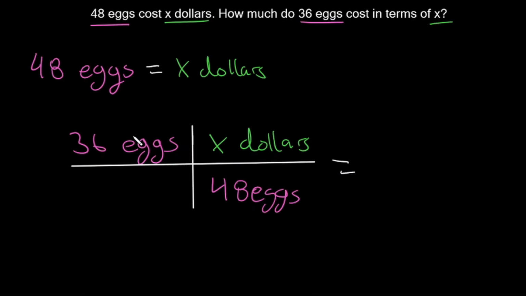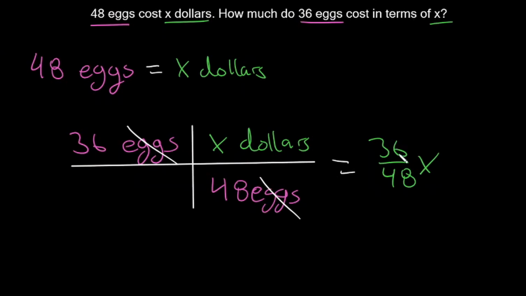So now we can just cancel out eggs, and then we'll be left with dollars. And so we're going to be left with 36 divided by 48, and then multiplied by X, because we would have 36 times X, and then divide by 48.